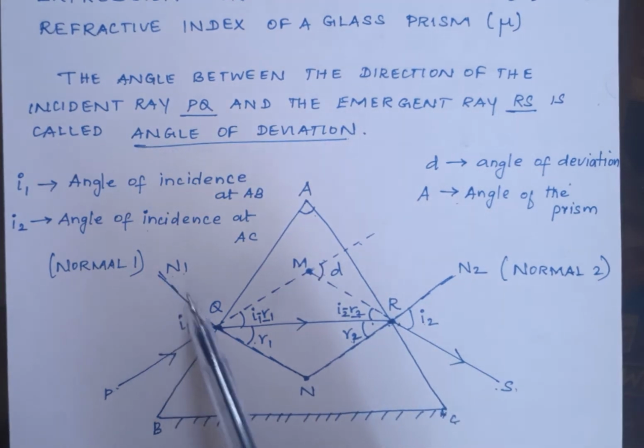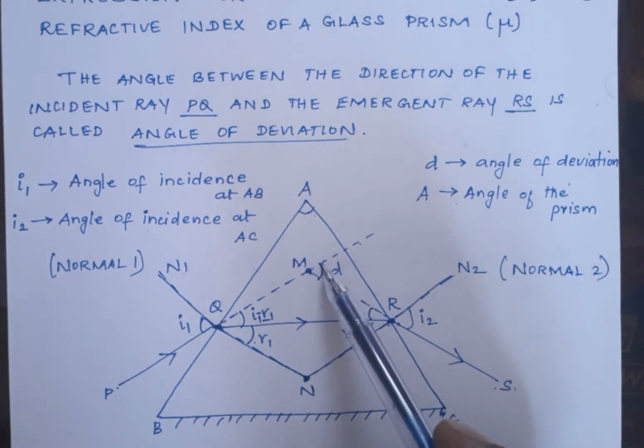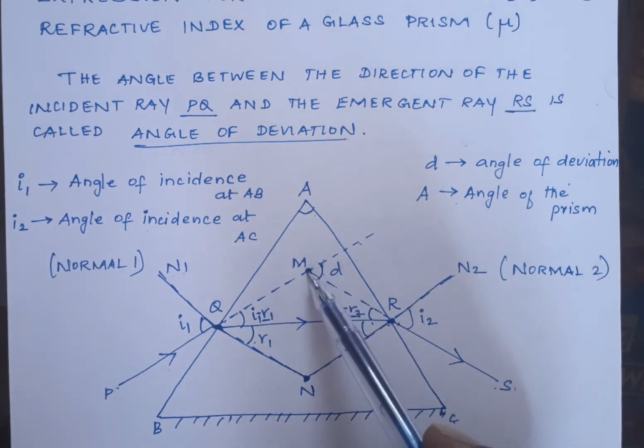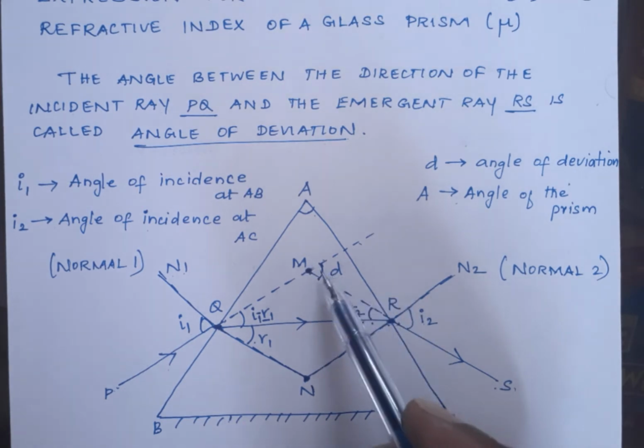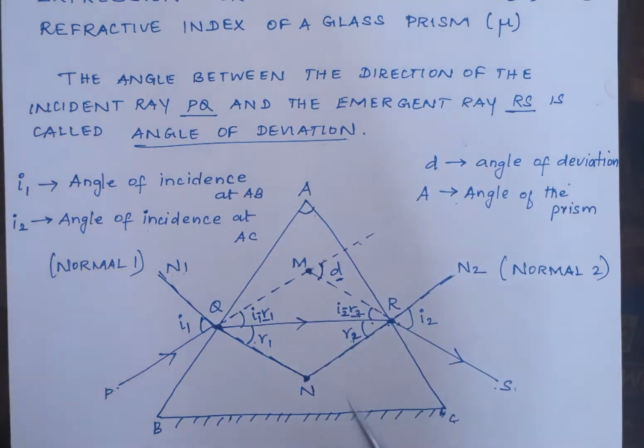Now extend normal 1 and normal 2 such that these two normals meet at a point, which we name N. Right. Now extend PQ and RS backward such that these two rays meet at the point M. Now this D is our angle of deviation, which can be measured in terms of the sum of two interior angles.